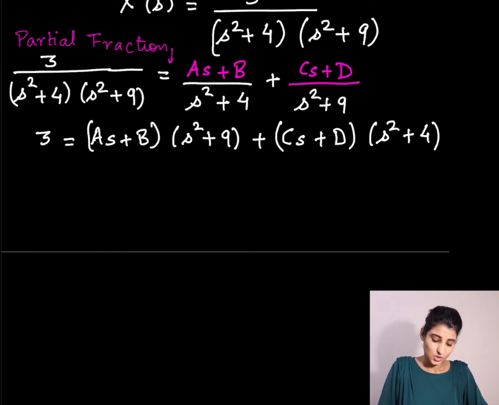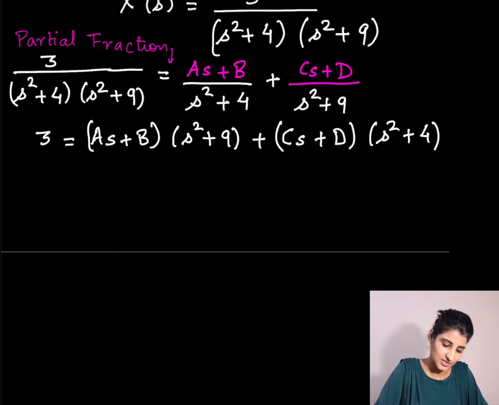Okay, so previously when we were discussing partial fraction, we substituted some values of s to solve this equation. This time we are going to compare the coefficients. Okay, so let's expand this equation.